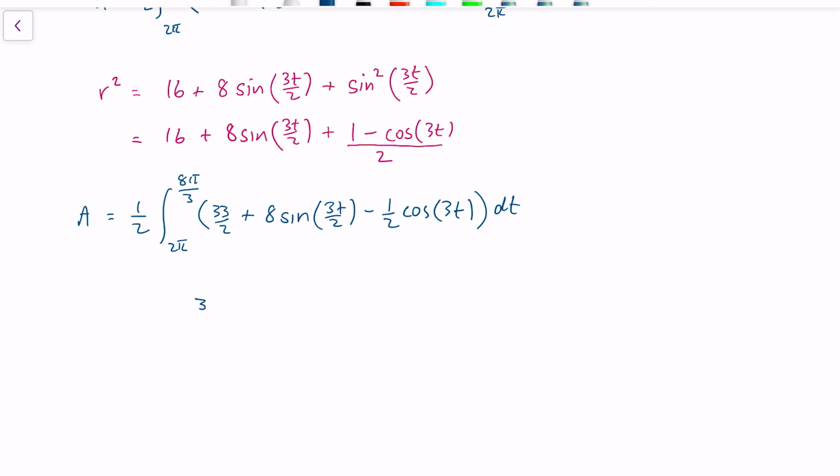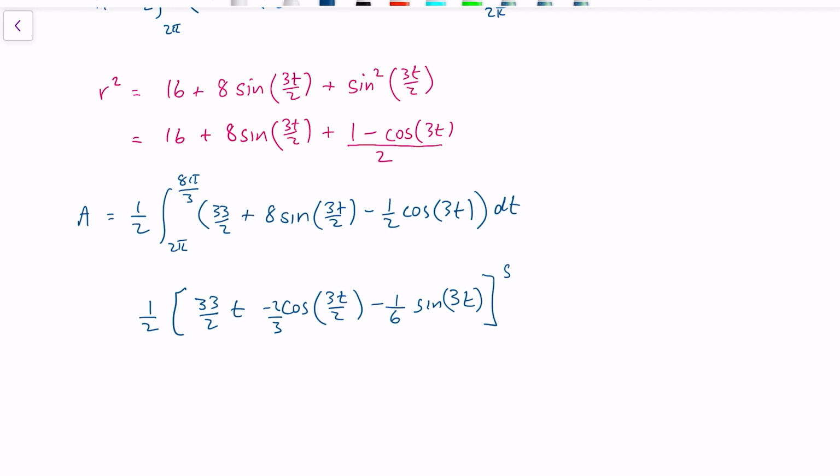Okay, so we've got 33 over 2 t plus sine goes back to minus cosine. Minus cosine 3t over 2 divided by 3 over 2 is the same as 2/3 in the front there. And then cos 3t, cosine goes back to sine when you're anti-diffing. So we've got minus 1/6 sine 3t.